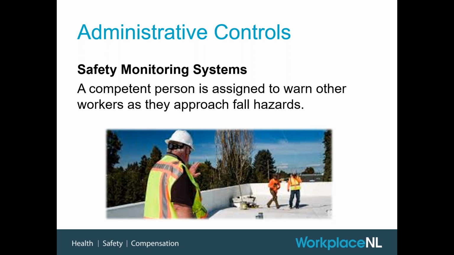You've really got this competent person whose job it is to let people know they're approaching the 6-foot edge of that roof. So we were unable to put a line down because of the nature of the job we're doing, so we're using a person in its place. This person is replacing flagging or barriers. They're not replacing a guardrail system.